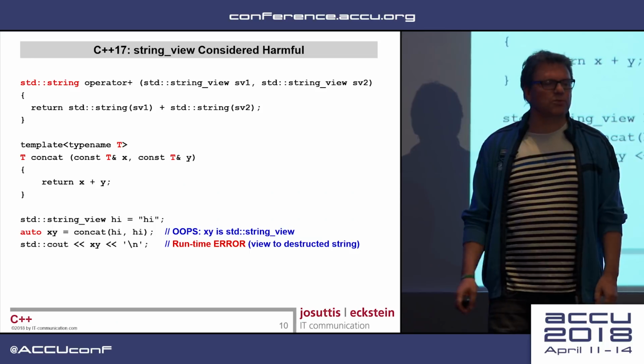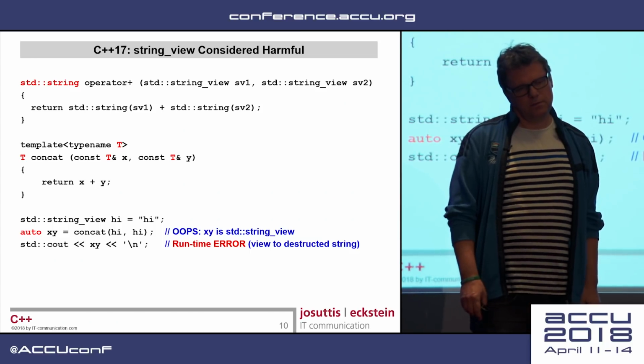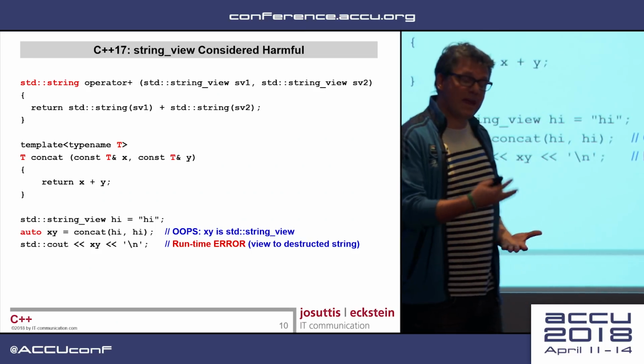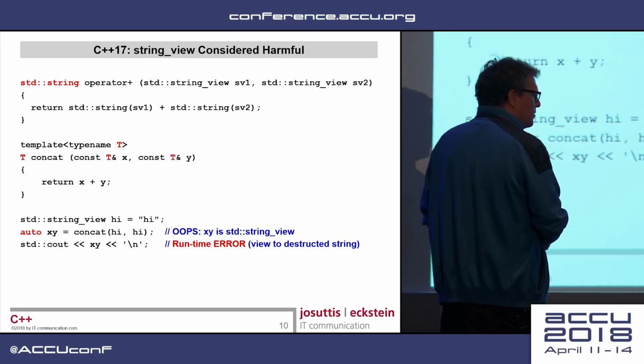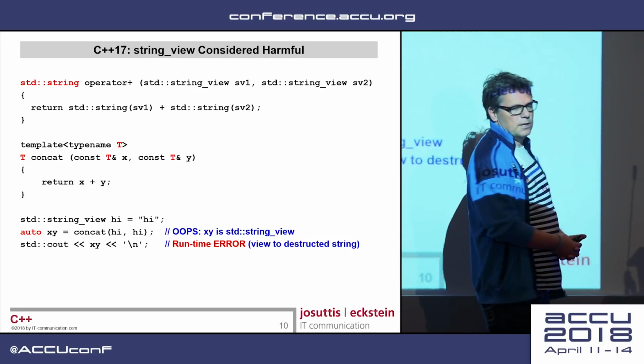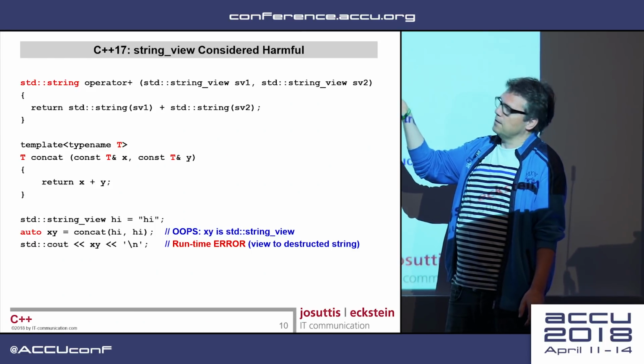So you think it's not a useful operation to concatenate two string views? We already have it in string. Yeah, but if you have it in string, he's saying, then you need an explicit conversion here. Why? No, you have to do something like this here.